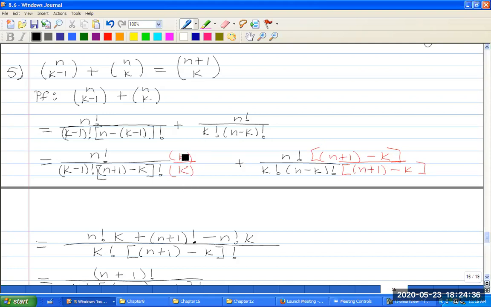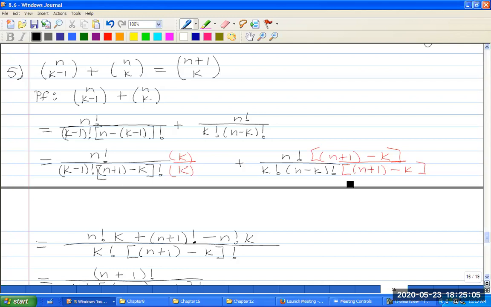Now to get a common denominator for this term, well, I already have the k factorial. I have n minus k factorial. So the only term I'm missing in this product is the n plus 1 minus k. So let's multiply and divide by n plus 1 minus k. And so I have a common denominator, k factorial over n plus 1 minus k quantity factorial.